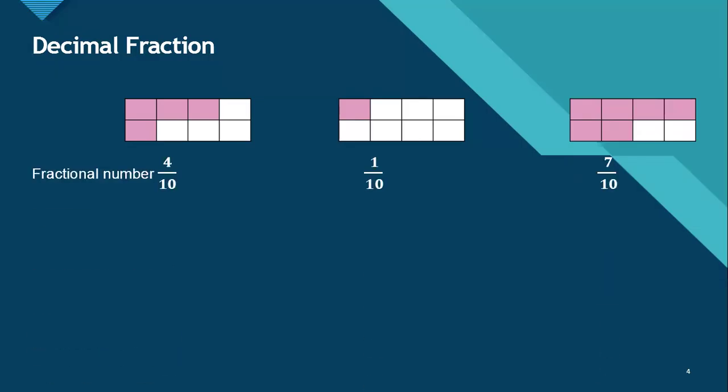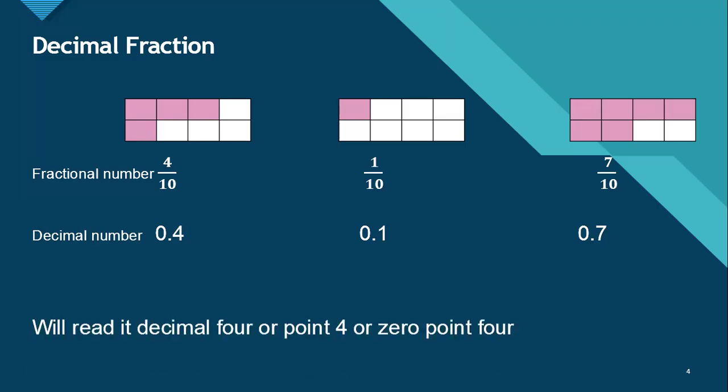I hope this is clear, as you have studied it in the chapter on fractions. Now we have to convert these into decimal fractions. The first one is zero point four, 0.4. The second will be zero point one, 0.1, and the third will be zero point seven, 0.7.